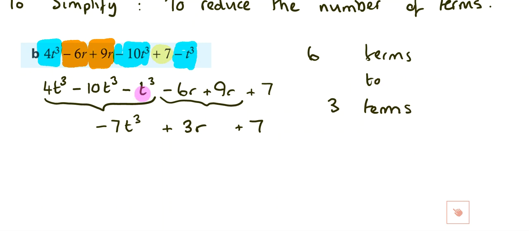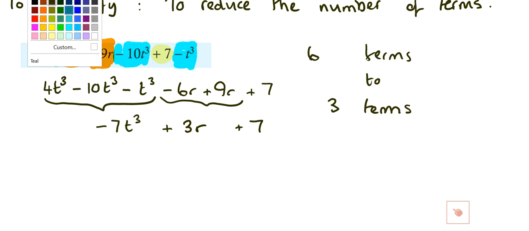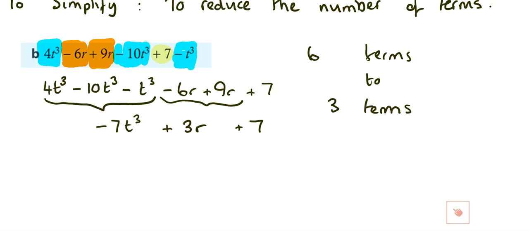Now, one thing we should add that we've not had to worry about with the previous one, this is in standard form. Why is it in standard form? Does anyone remember? Because it's the exponents being added together.